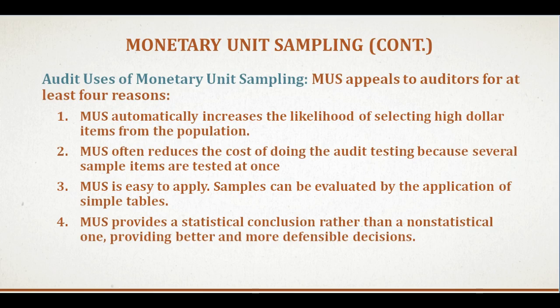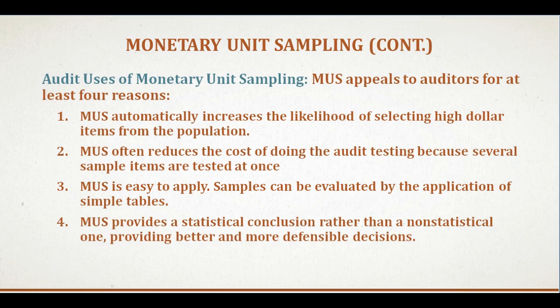Monetary unit sampling appeals to most auditors for at least 4 reasons. First, monetary unit sampling automatically increases the likelihood of selecting high-dollar items from the population. It often reduces the cost of doing the audit testing because several sample items are tested at once.